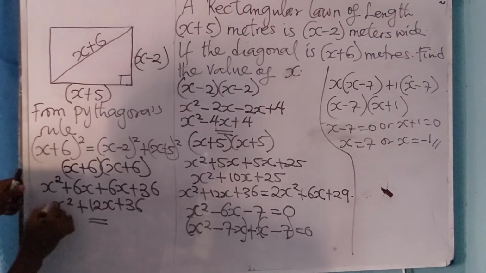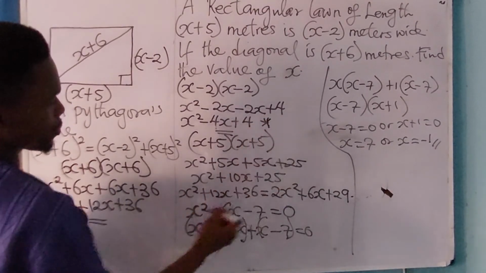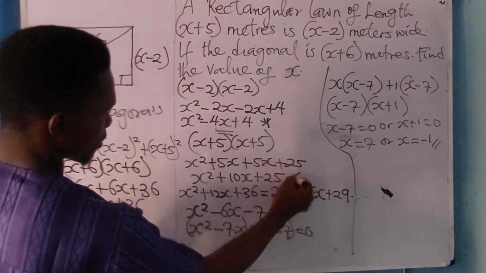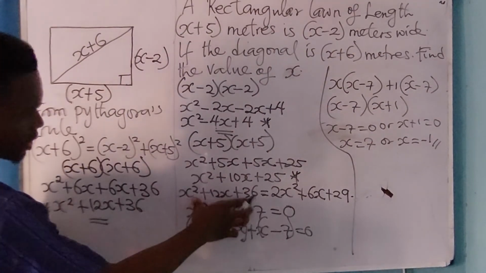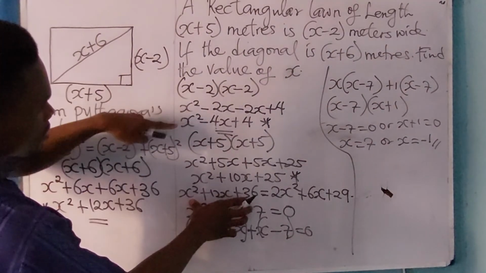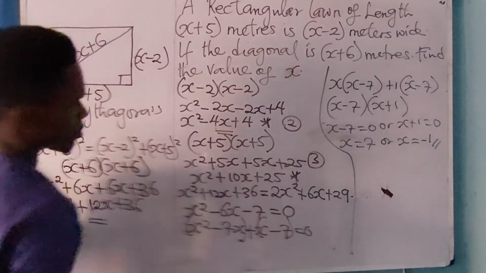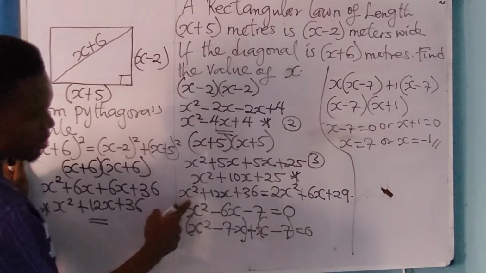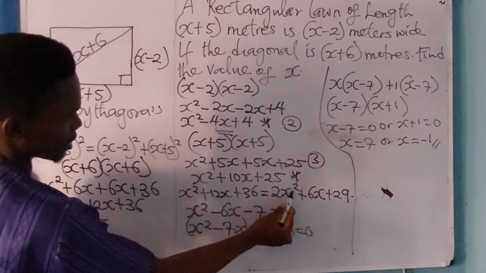Now this is case 1, case 2, and case 3. Now x plus x is 2x squared, that is what I have here.